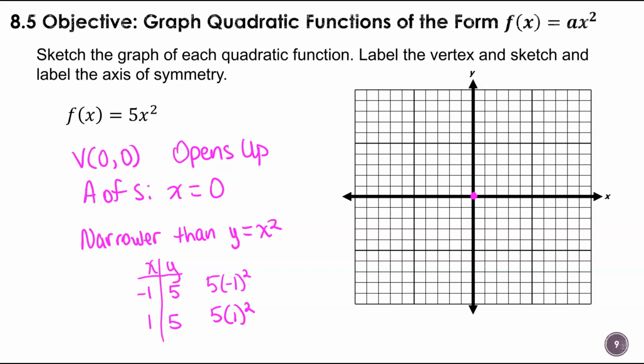So when we graph this, we're at negative 1, 5, and 1, 5. And right off the bat, you can see that it is very narrow. It's kind of hard to draw with a curve here at the bottom for your vertex.